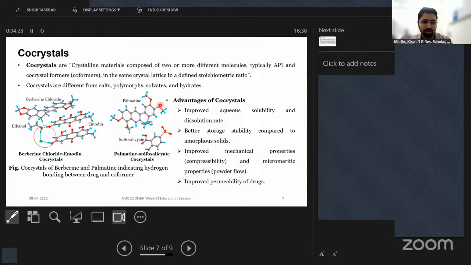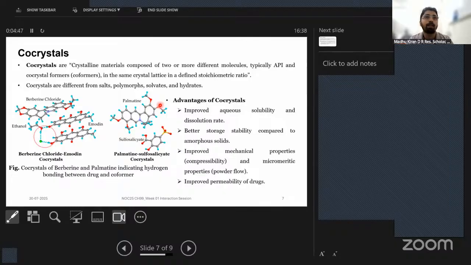These two components are linked to each other, and there is no covalent bond interaction here. They form hydrogen bonds or van der Waals interactions, or there can be pi interactions. These kinds of weak interactions are involved between API and coformer. They further crystallize in the same crystal lattice, in a definite stoichiometric ratio.